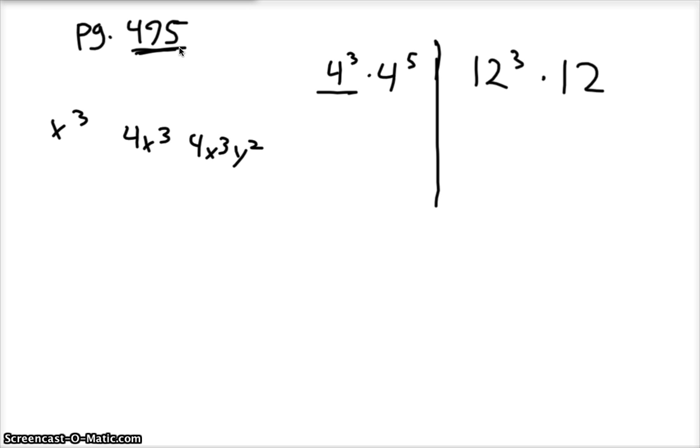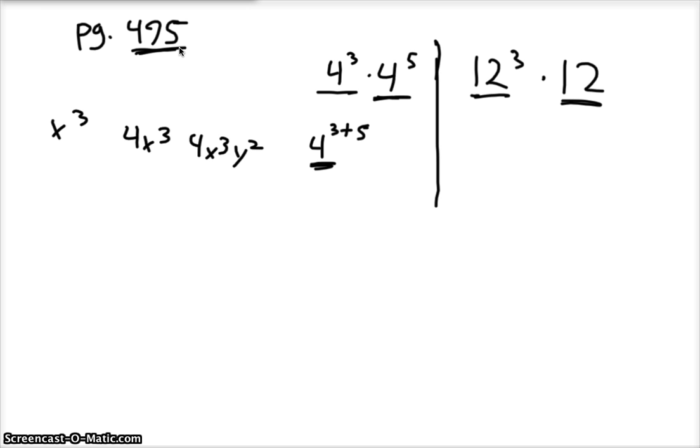What I mean by common base is, looking here, both are the number 4, and both are the number 12. In a moment we'll look at what happens when they are variables. But first, here's what we do. When multiplying monomials with a common base, we keep only one common base, and then you add your exponents.